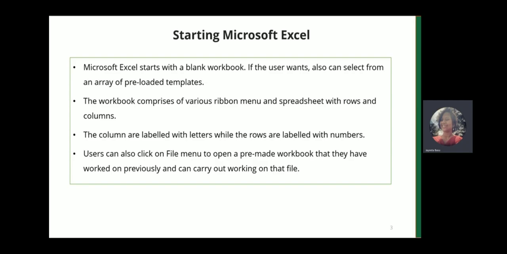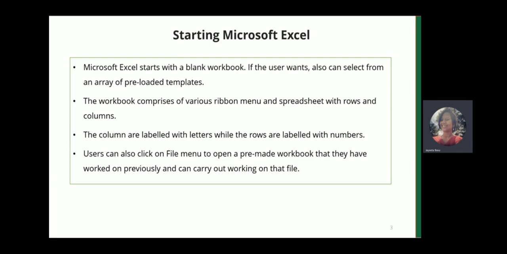Also, because it is in a tabular format, you will find rows and columns. Microsoft PowerPoint has slides and Microsoft Word has a document. Here you will have a tabular format where there are small cells in which you can insert numbers. The columns are labeled with letters while the rows are labeled with numbers. One thing here is that the version I am using is Microsoft Office 2021.